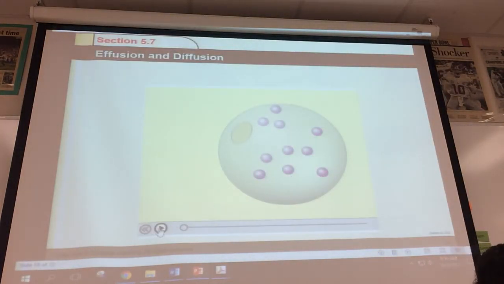So here's effusion. Effusion is the process of gaseous atoms flowing into a vacuum through a hole in a container. The rate of effusion of gas molecules at constant temperature and pressure is inversely proportional to the square root of the molar mass of the gas. That is a mouthful.